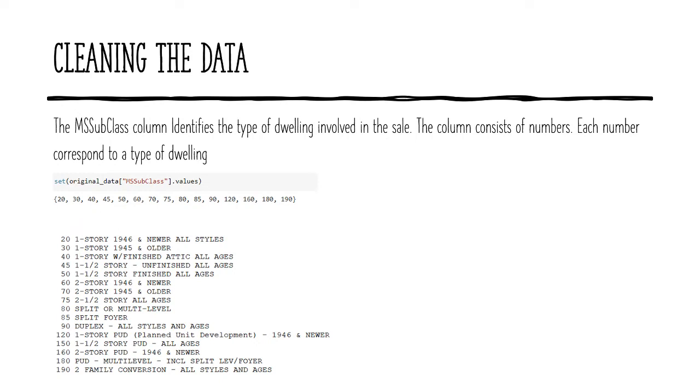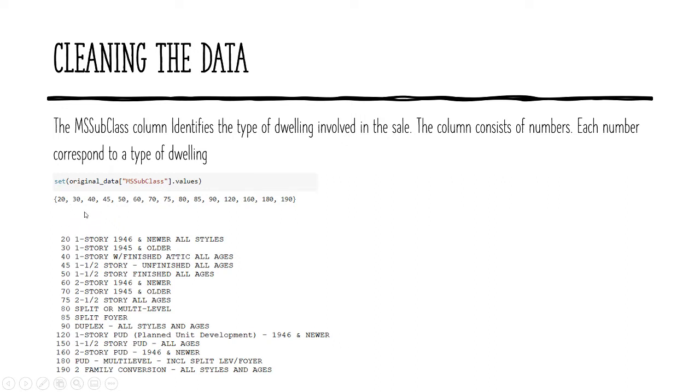So in the first step, for example, we have this column MS subclass. MS subclass identifies the type of dwelling involved in the sale. Currently this column contains only numbers, and each number corresponds to a type of dwelling.